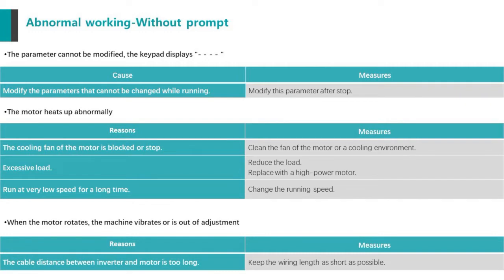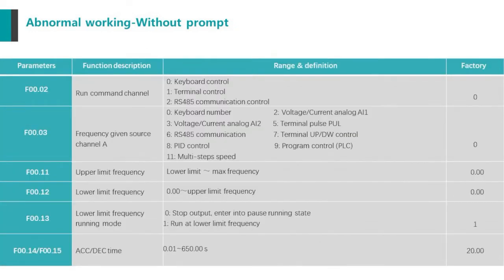For a long time running, the motor could also heat up. When the motor cable length is too long, the motor could vibrate a lot. And just now Mr. Carl introduced, this time you need to install an output reactor or output filters. Otherwise, it may even damage the motor.